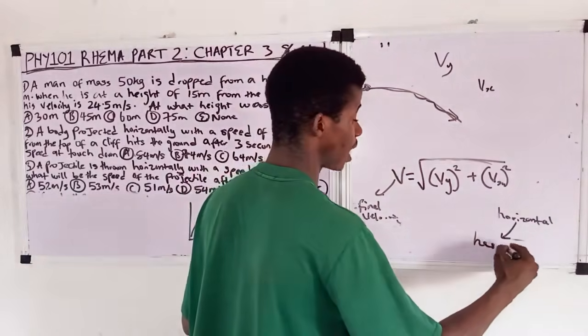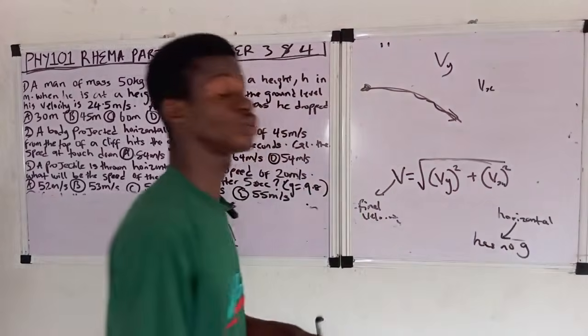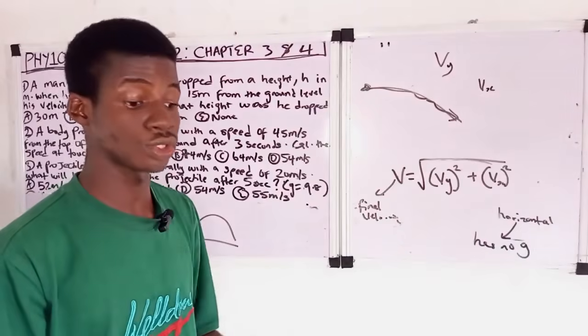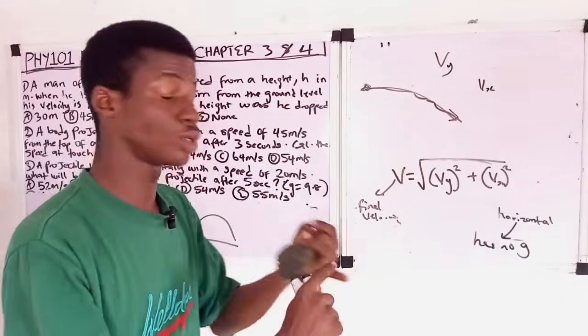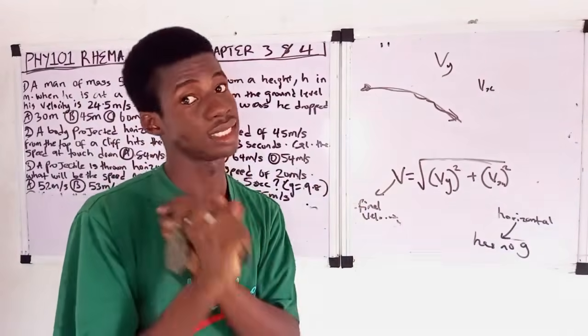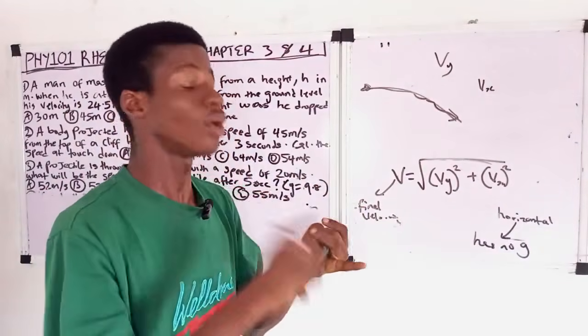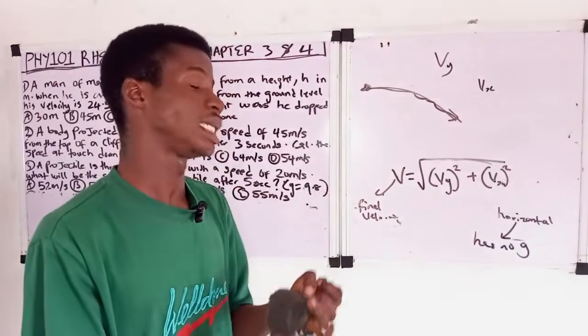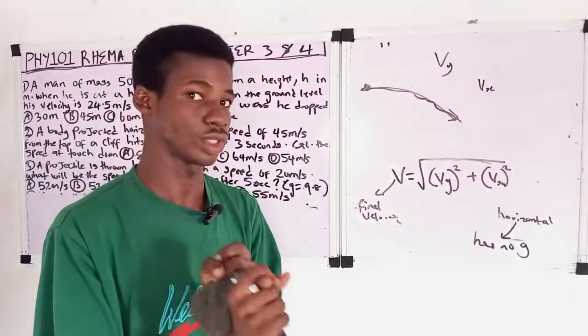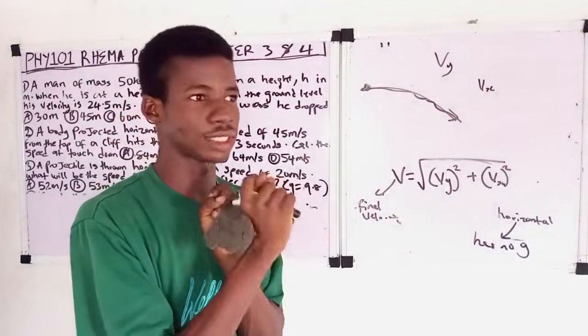It has no g, no gravitational g. So in projectile motion, the horizontal motion has a constant velocity u. It has no acceleration. That is very, very important.